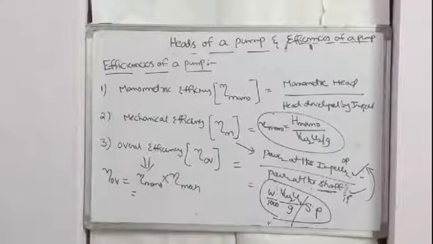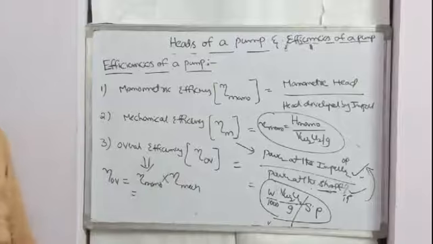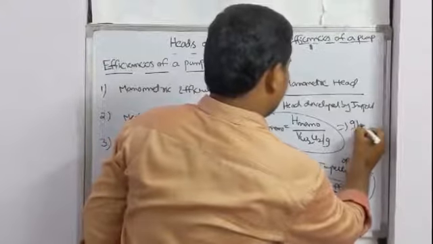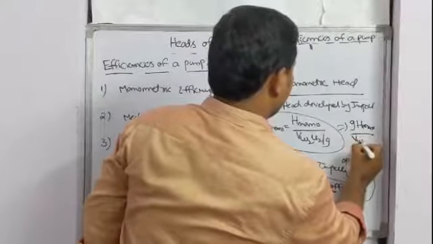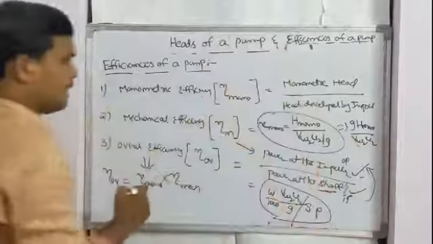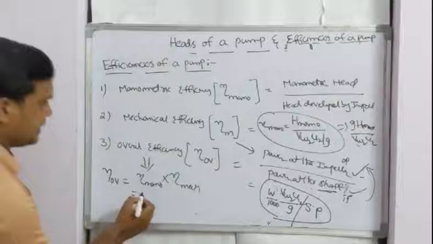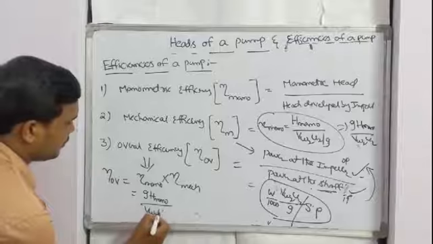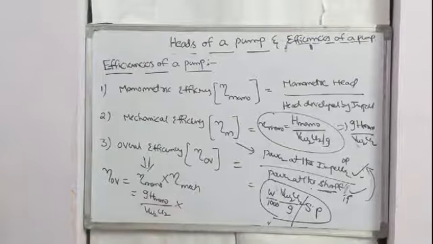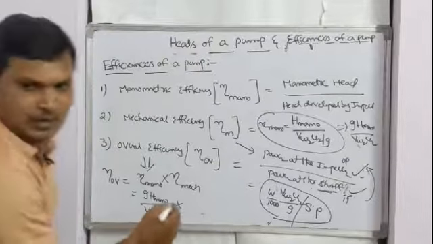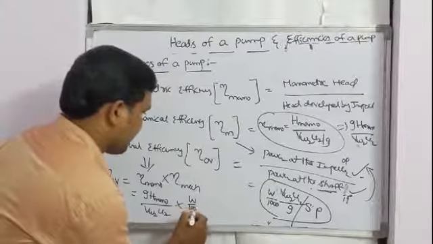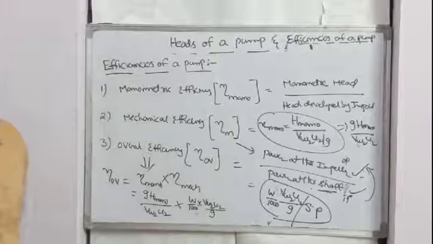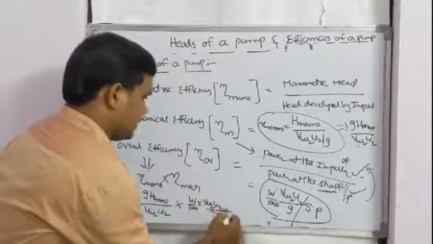It can be written as g times H mano divided by Vw2 u2, where g is moved to the numerator side. Then we multiply by the mechanical efficiency, which is W by 1000 times Vw2 u2 by g, divided by the shaft power.